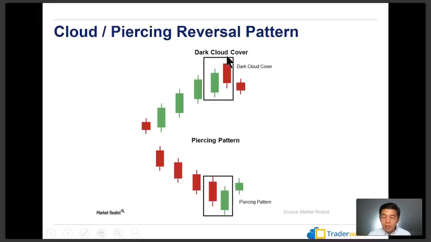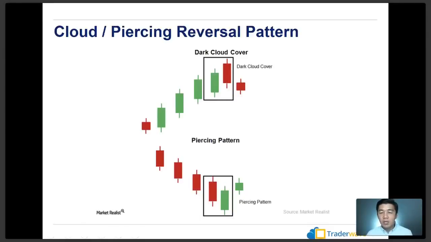All right. And vice versa, the opposite of a bullish piercing reversal pattern is what we call the dark cloud cover bearish reversal pattern. For this dark cloud cover, the prior trend has got to be up. Then on the first day, you see nothing fanciful, nothing critical. But on the second day, the candle opens higher, but closes lower and goes into more than half of the body of the first day candle.